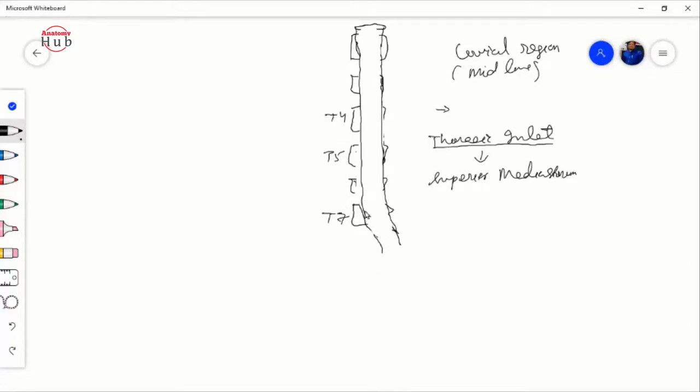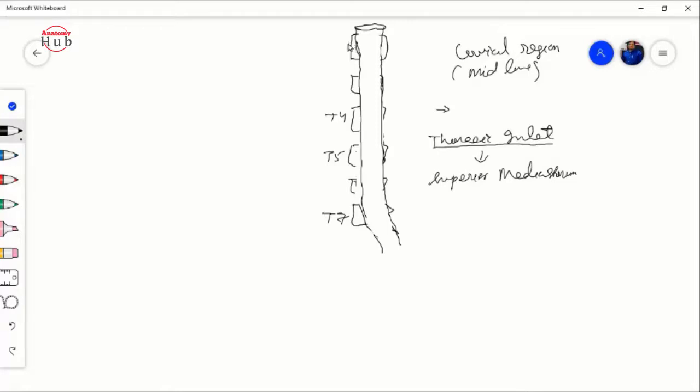Fine. So here is your esophagus, and first let us see what things are present anteriorly and posteriorly, so that it will be easy for you. Anteriorly, you will find the trachea.